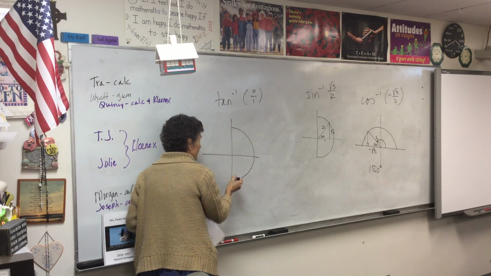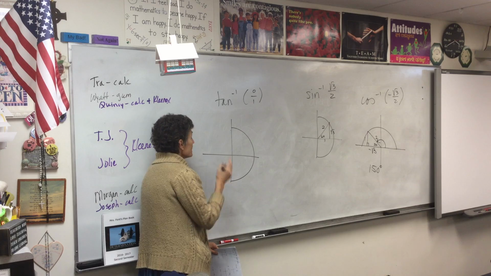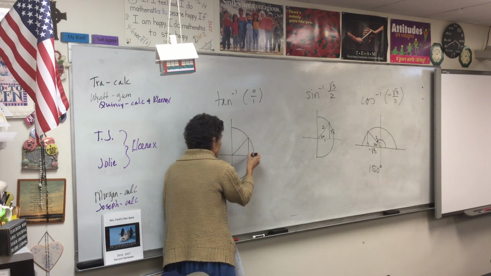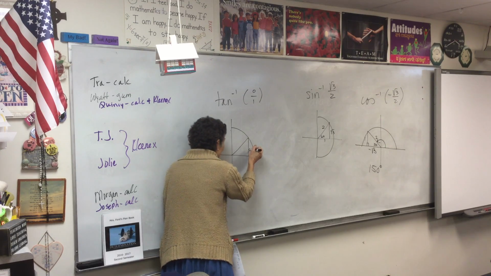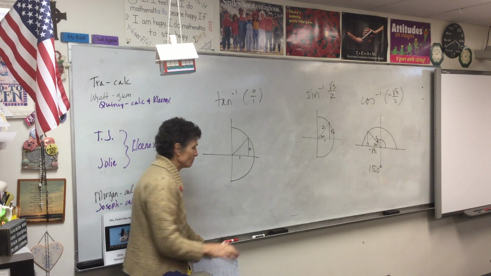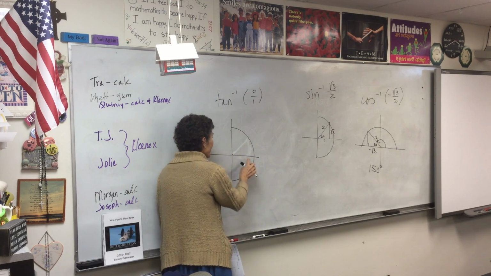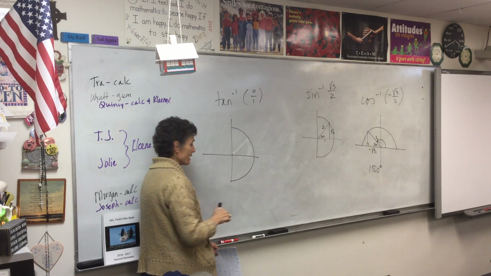It's a tangent problem, so I got to be over here. Is it possible to draw a tangent picture where that's 0 and that's 1? No. That would not even be possible. When you have a 0, you cannot draw your butterfly bow tie.